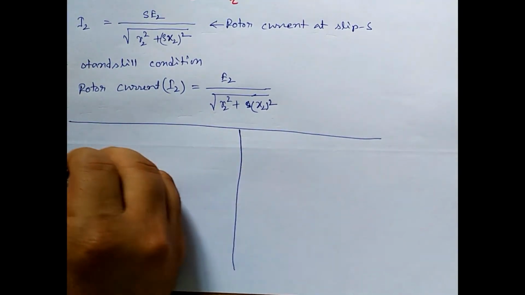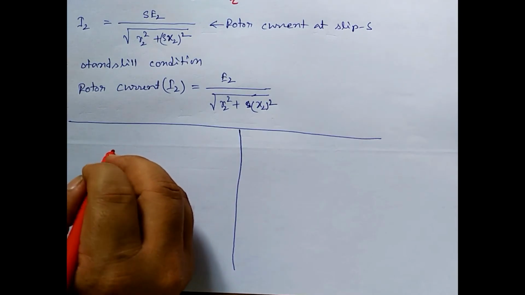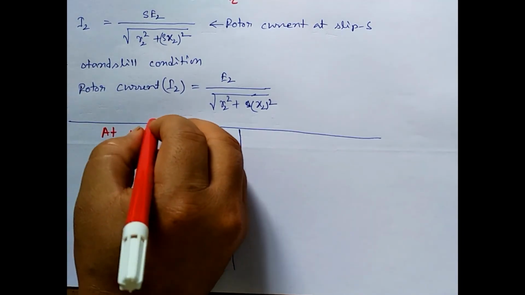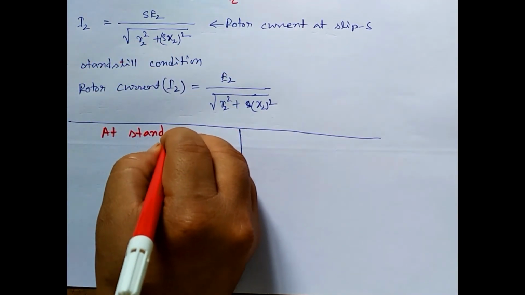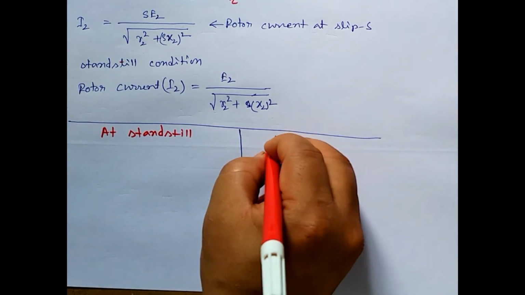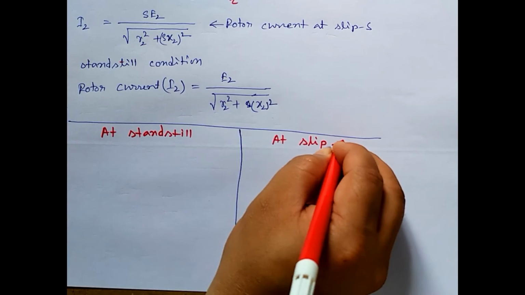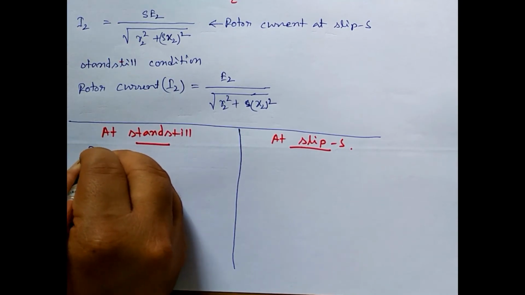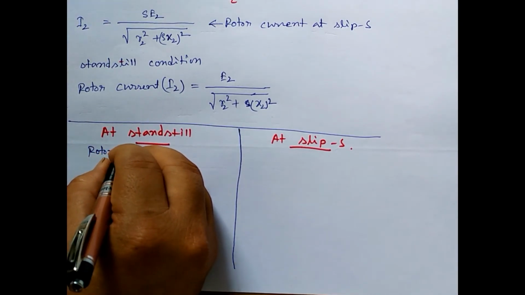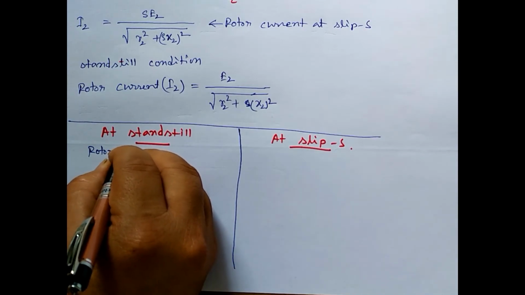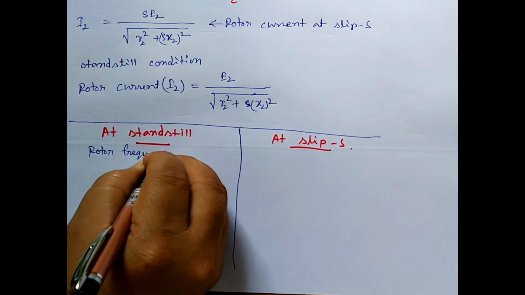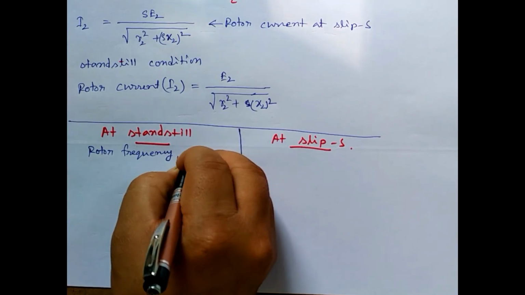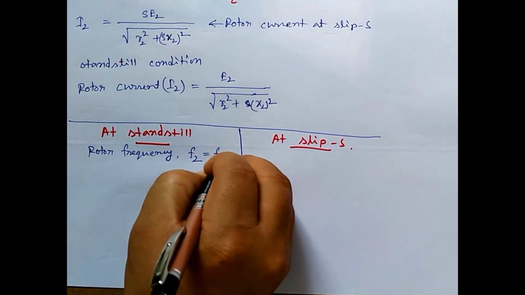What we have seen: at standstill the rotor frequency F2 equals F1.